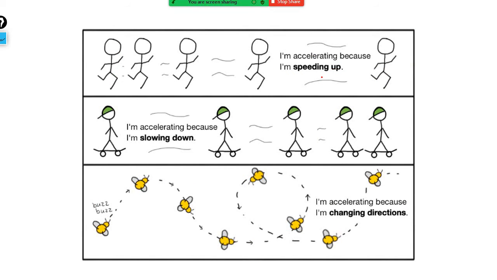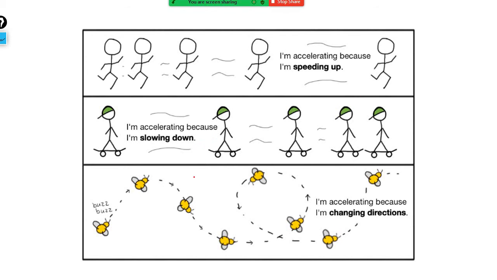When the object is speeding up, slowing down, or changing direction, all of them are acceleration. Of course we have different signs, but anyways all of them are acceleration. In English we can say the boy accelerates when speeding up.